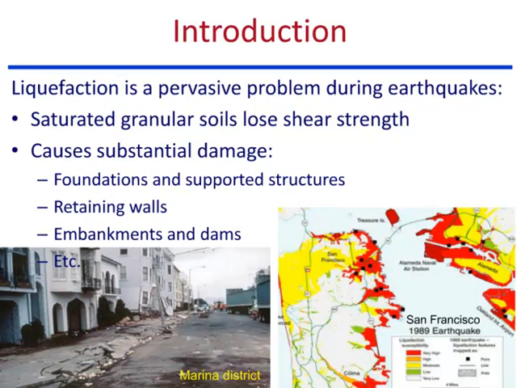Soil liquefaction is a pervasive problem during earthquakes, as illustrated by the map of San Francisco showing the extent of liquefaction damage during the Loma Prieta earthquake. During earthquakes, saturated granular soils lose shear strength, which causes substantial damage to foundations, supported structures, and other geotechnical systems.